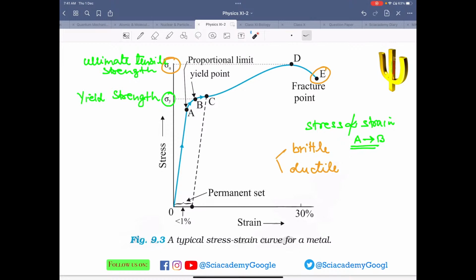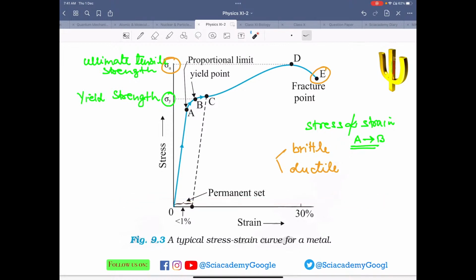Therefore, stress strain behavior varies from material to material, as I have already discussed. For example, if you take rubber, it can be pulled to several times its original length. Suppose you are taking a rubber string, this is the initial length. But this rubber string can be stretched many times, up to this limit.